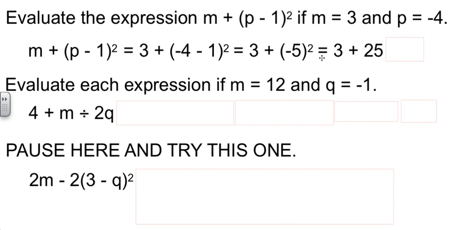There's no multiplication or division, so the next step is the addition. 28. Now, you need to be careful with negative numbers in some of your calculators. If you type in negative 5 squared and your calculator gave you negative 25, you need to remember to put parentheses around a negative number before you do a power to it.